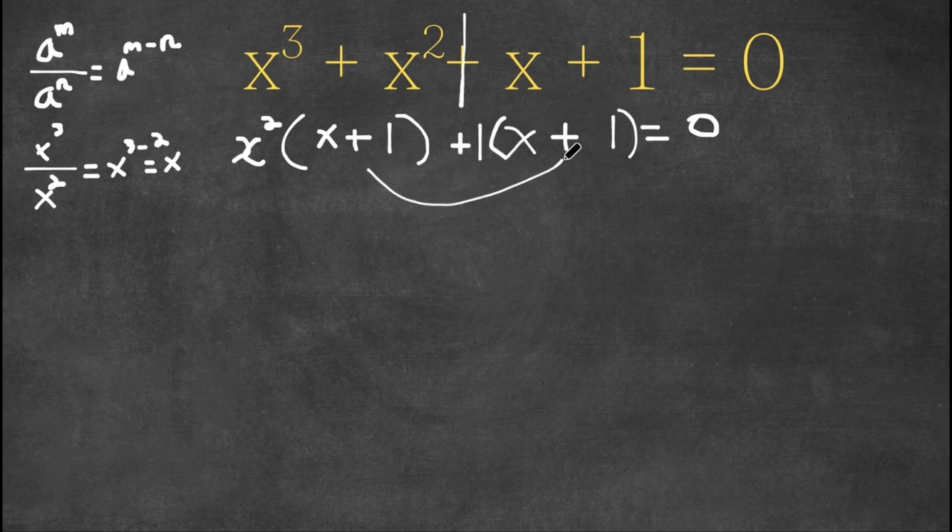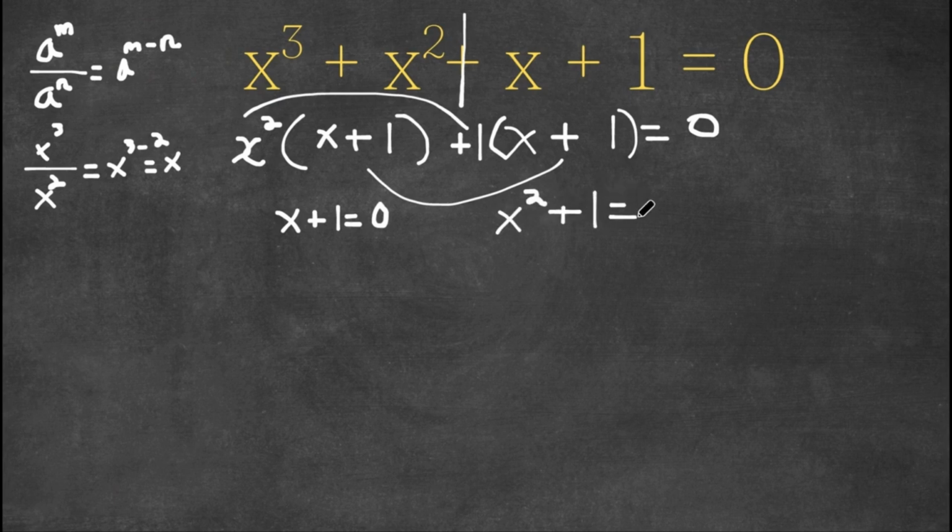So now these two are the same. So that's one equation, x plus 1 equals 0. And then we have this plus this, x squared plus 1. So that's another equation, x squared plus 1 equals 0.